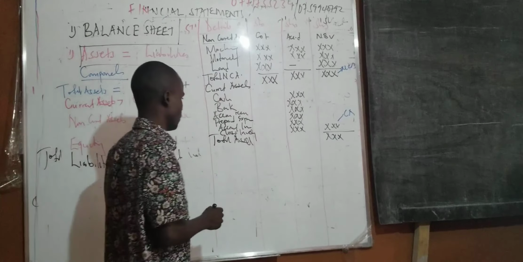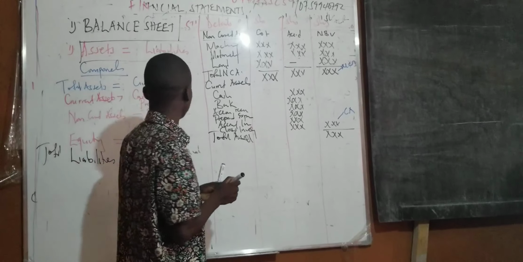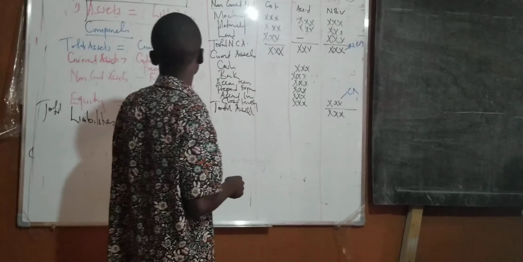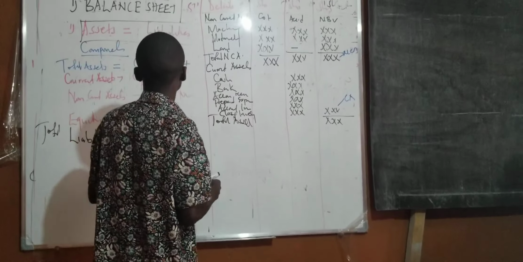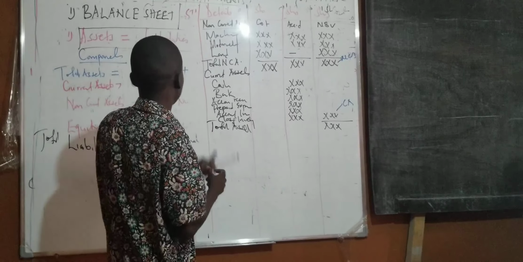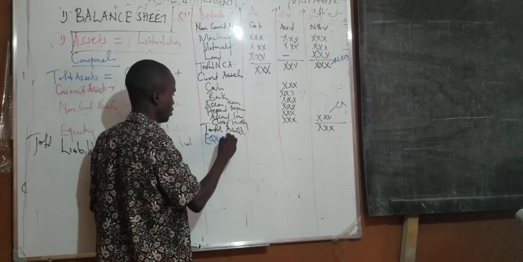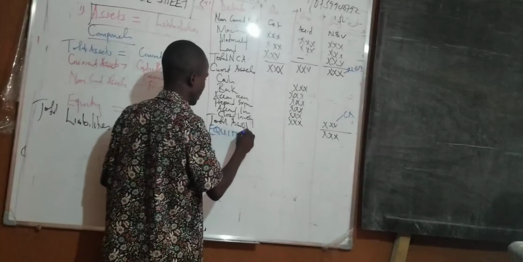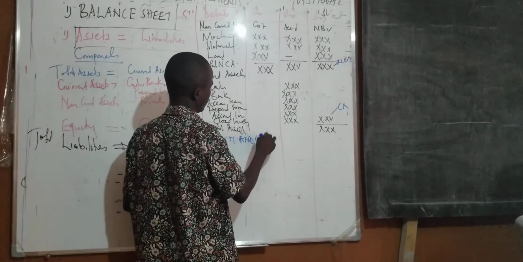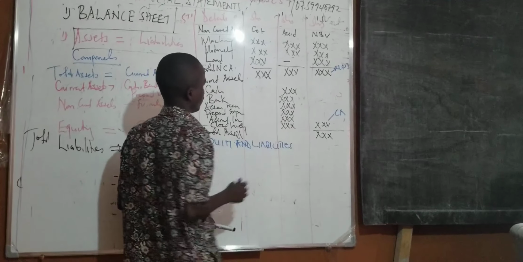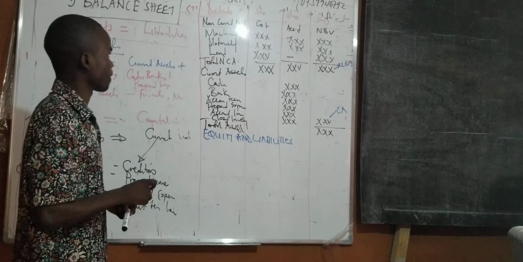So next, remember we said the total assets must be equal to the liabilities and the equity. So therefore, we get the equity and the liabilities. So equity and liabilities.